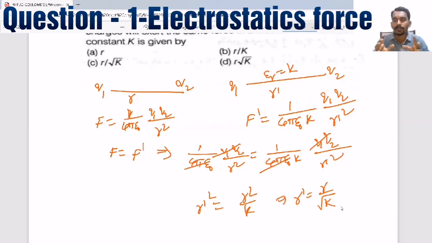Collect the data and then try to find out the relation between the given data and the quantity they are asking you to find, and search for the formula from your memory because you already remembered all the formulas. Then the rest of the thing is calculation.